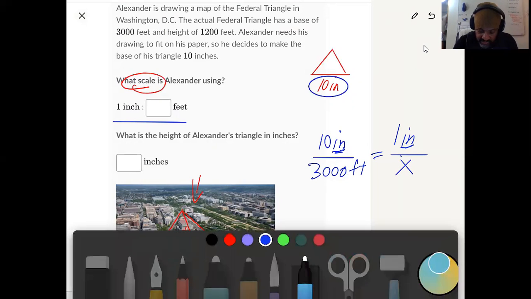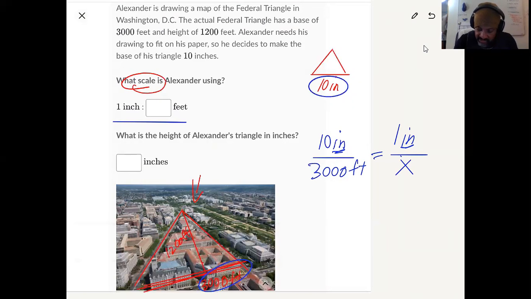Now all we're going to do is cross multiply. So this is 10 times X will be 10X, and 3,000 times 1 is going to be 3,000. Now because we want to solve for X, we're going to get rid of the 10 by dividing by 10.